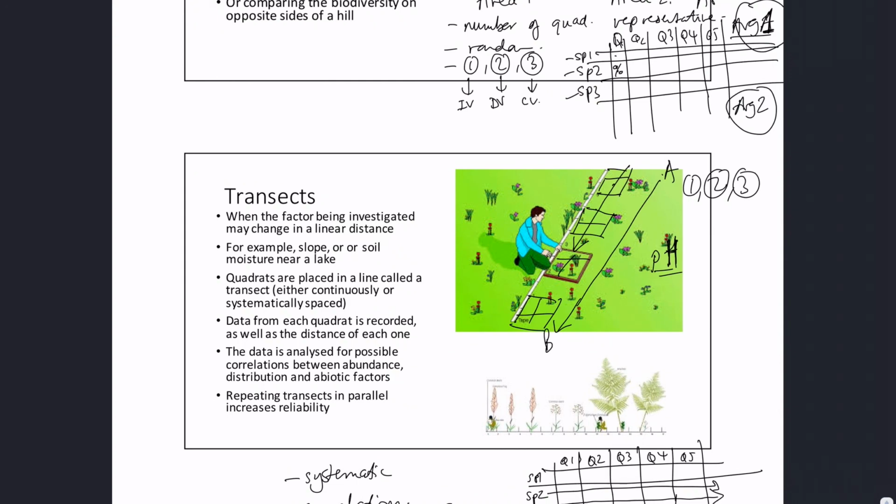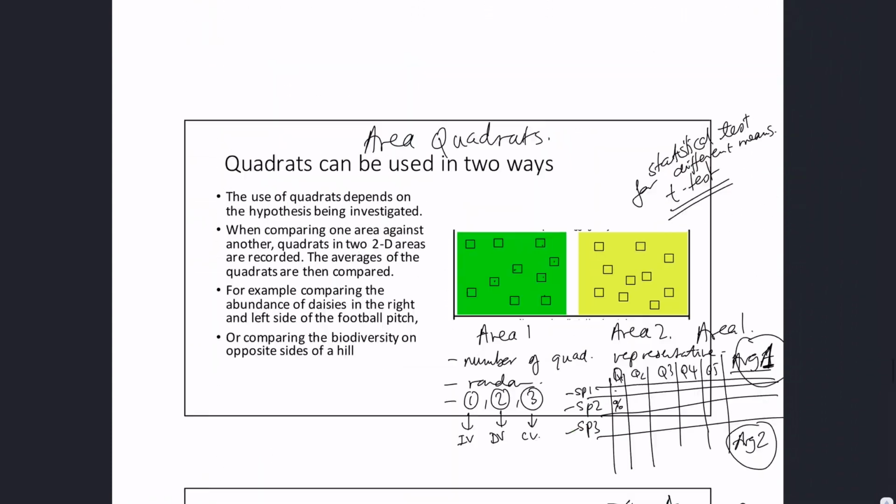The way you do that test is to use the Spearman rank correlation test. Those are the two ways you can set your investigation up, and it really depends what factor you're investigating or what type of area you have, which will determine which kind of study you do.